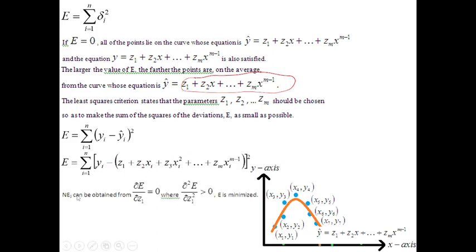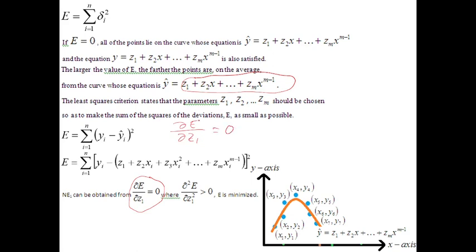So, normal equation number 1 can be obtained from this equation. Del E over del Z1 equals 0.